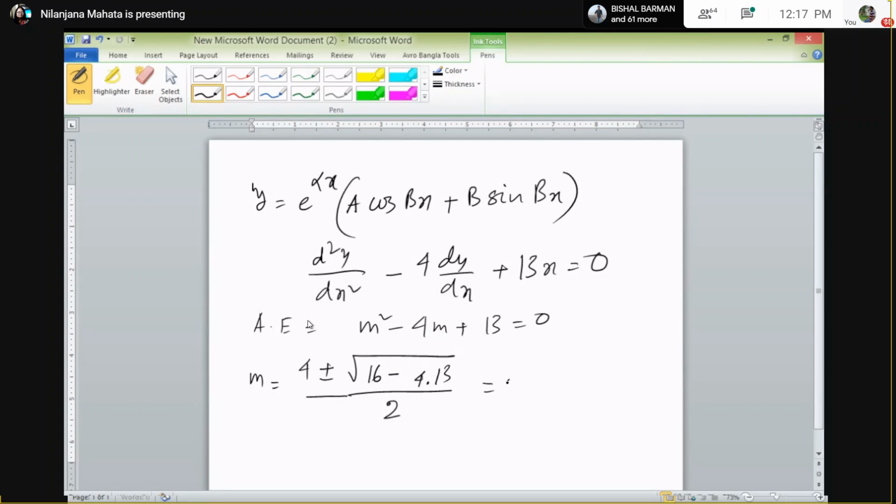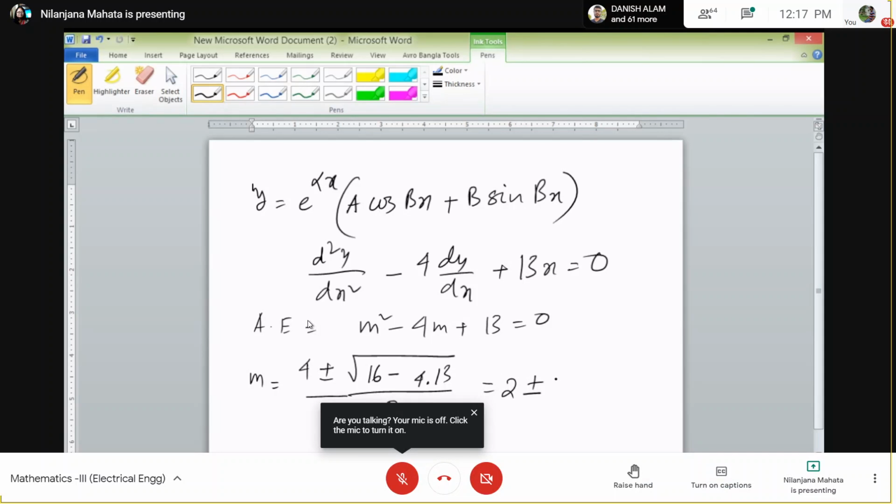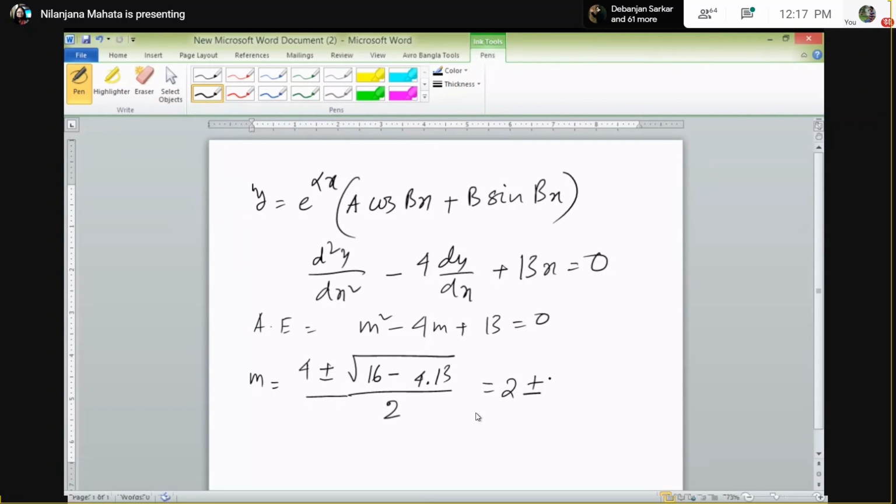So this will be 2 plus minus the square root of minus 36, 36 means 6, so this will be 3i.